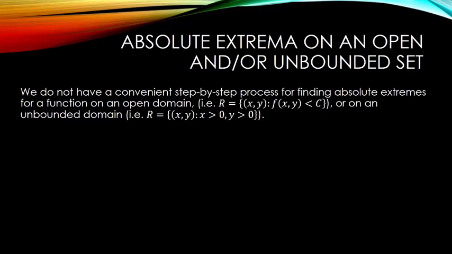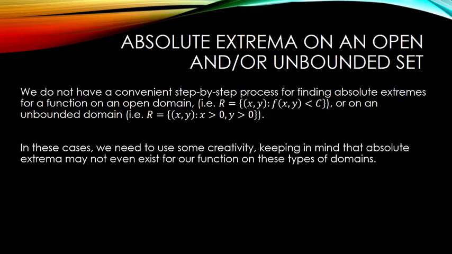Now, we don't have a really nice, convenient step-by-step process for finding absolute extrema on open or unbounded sets. This is on open domains such as R equal to the set of all x,y such that f of x,y is less than some constant c, or on an unbounded domain, for example, if my region R is the set of all x,y such that x is greater than 0 and y is greater than 0.